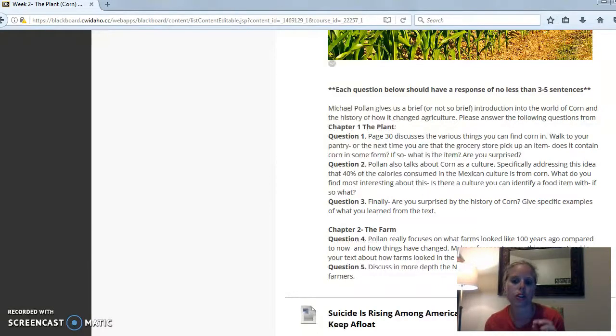Is there a culture that you identify a food item with? One of the examples that I use, my family is from German descent, and one of the food items that I identify with is sauerkraut. So from cabbage, cabbage I would say is a food identity that I have that's related to my culture and my background.